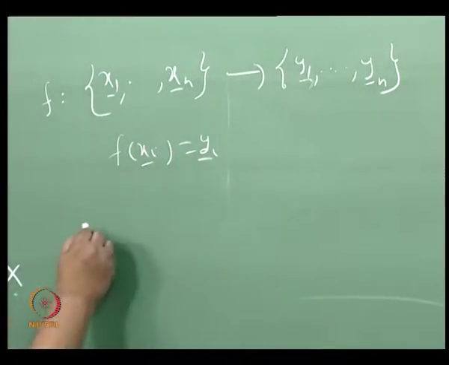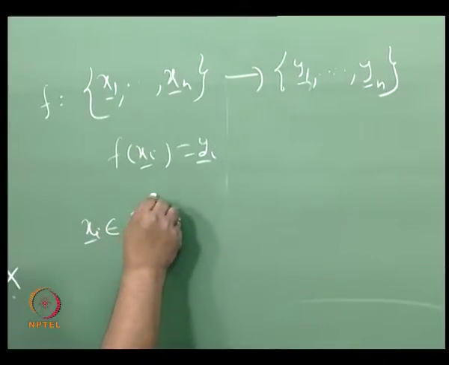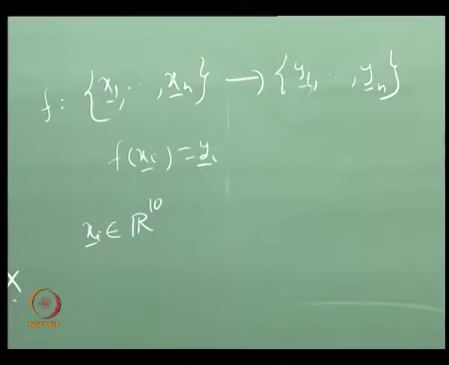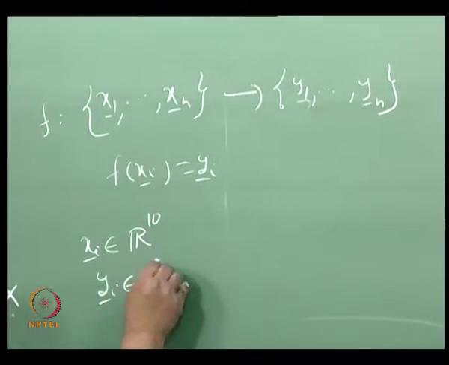Now, let us just say these xi's are in some 10 dimensional space, and let us just say these yi's are in 2 dimensional space.